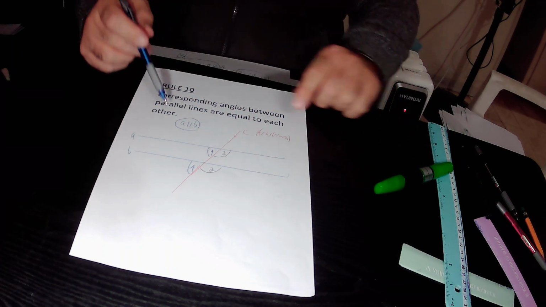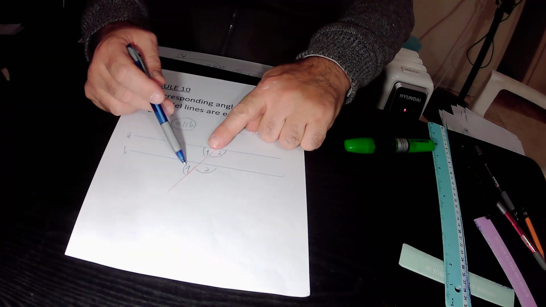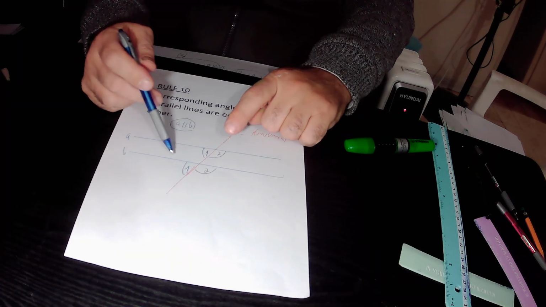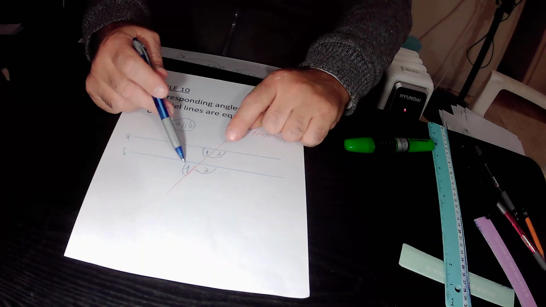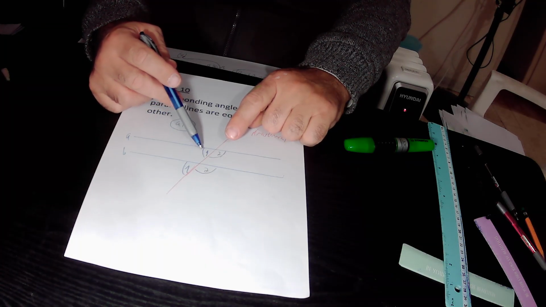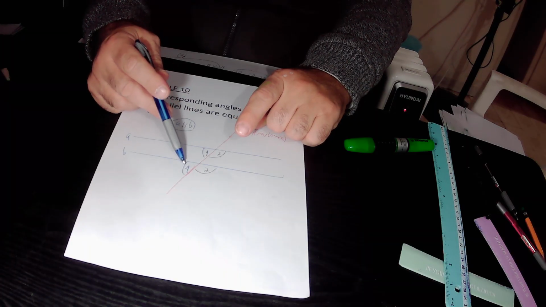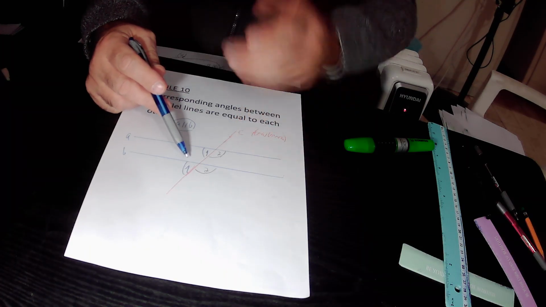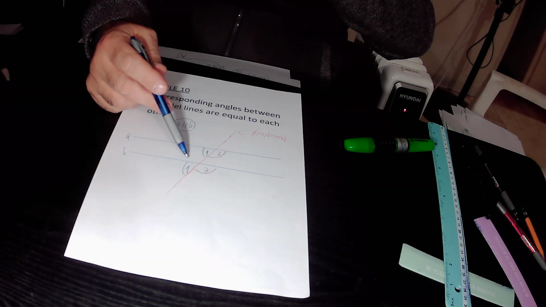And those two angles are defined as corresponding angles, located between the parallels A and B, therefore they must be equal to each other in their sizes. So if the size of this angle is 1, then the size of this angle must also be equal to 1, because they are equal to each other according to rule 10.